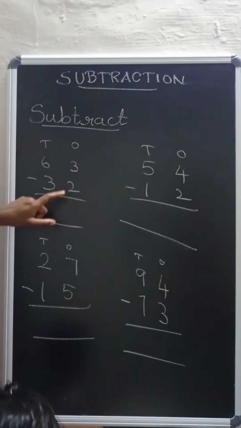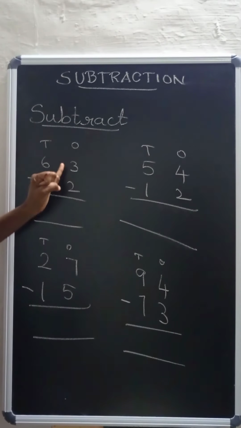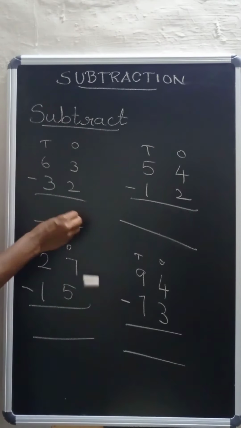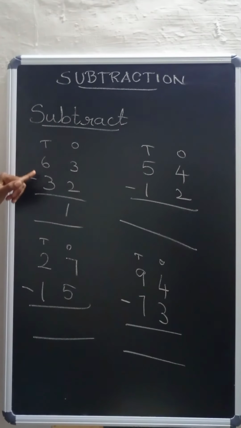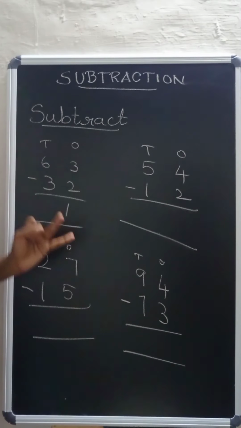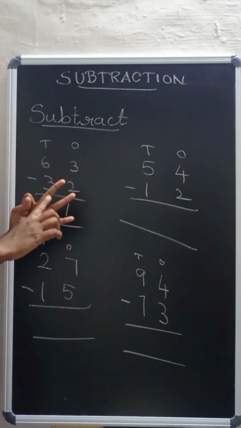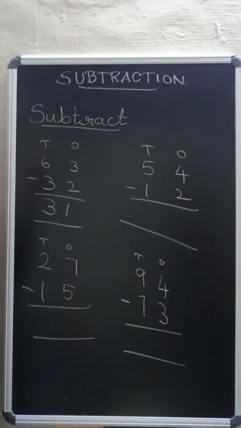So, count after 2, 3. So, you have one finger. So, 1 is your answer. Next, 6 minus 3. Now, count after 3, 4, 5, 6. So, 3 fingers. 3 is your answer. So, 63 minus 32 is 31.